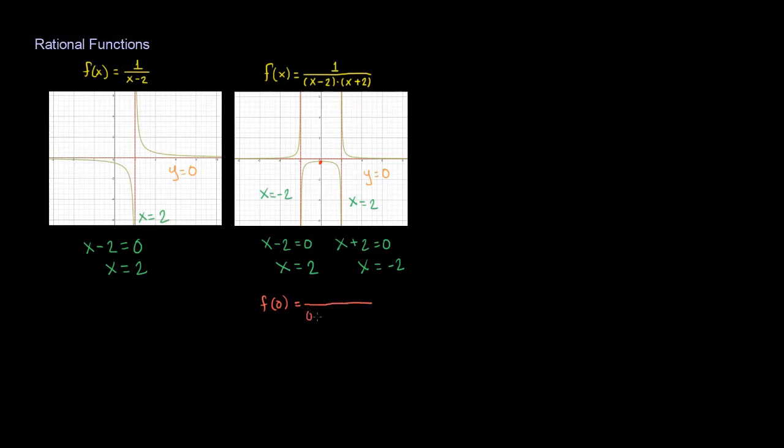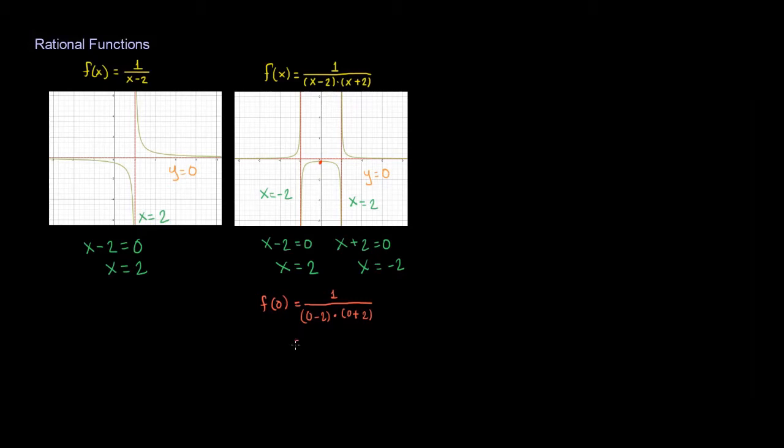So we get 1 over 0 minus 2 times 0 plus 2. Oh, this is really ugly, the way I'm writing. We close this one, and we just have to solve this out.